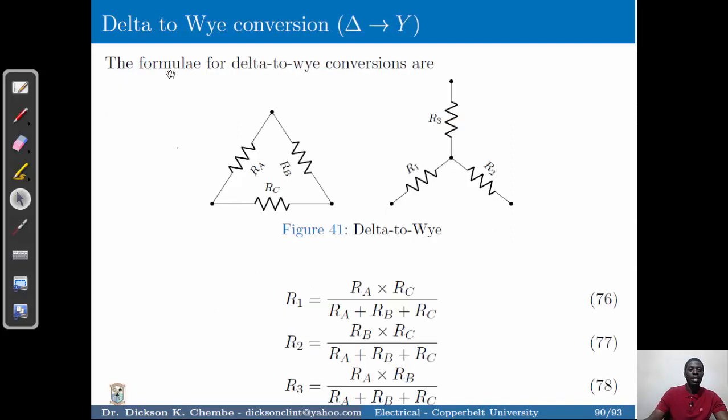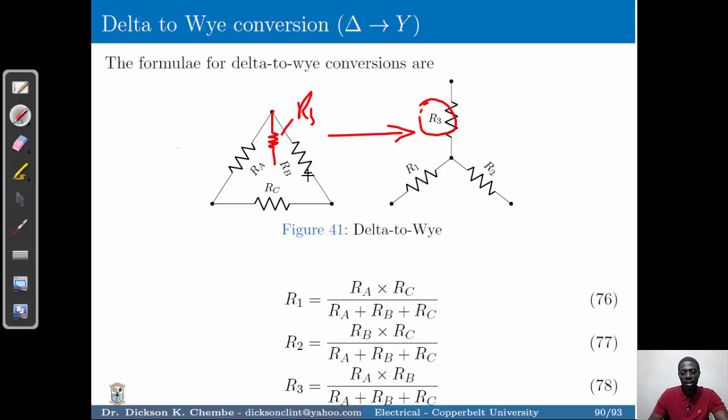Beginning with the conversion from the delta to Y, the standard formulas are such that to get, for instance, your R3, which is located in between RA and RB, R3 is simply equal to the resistances that are on the side of this new resistor that you're obtaining.